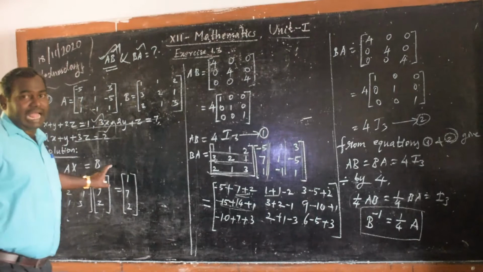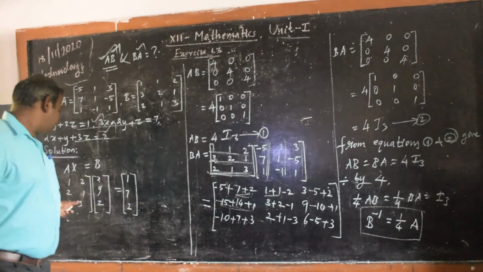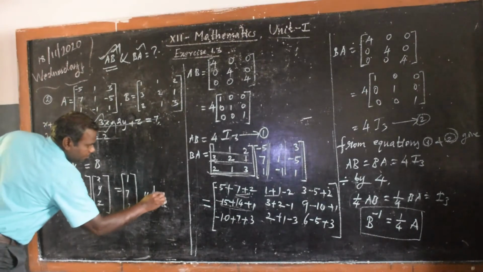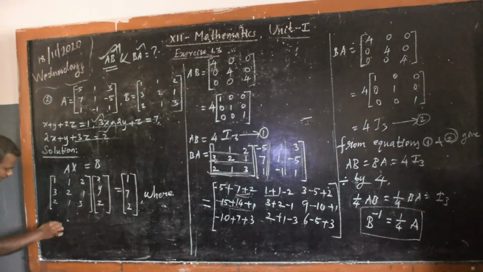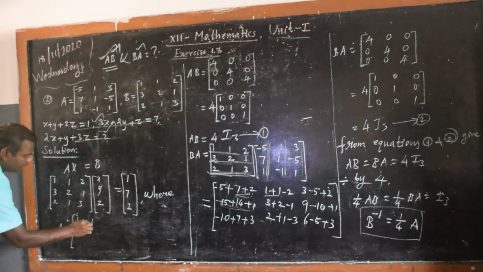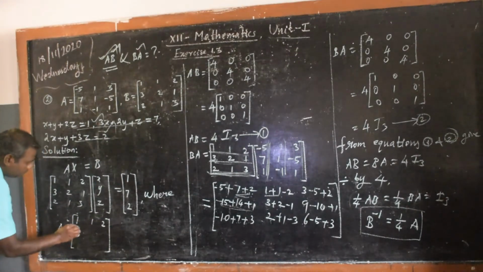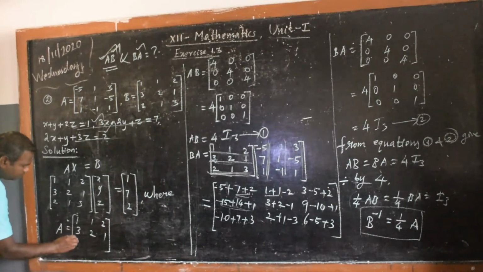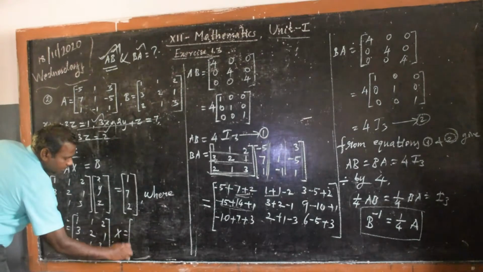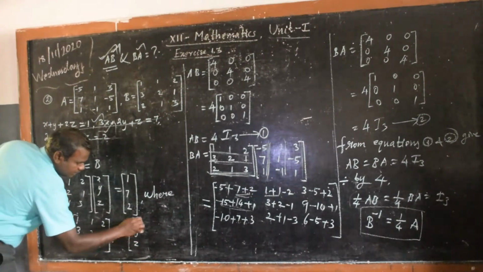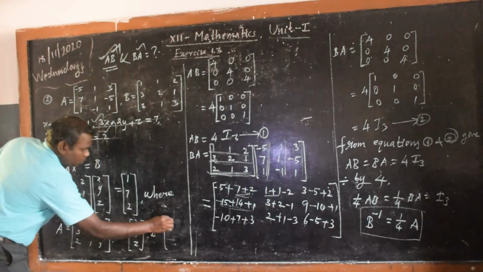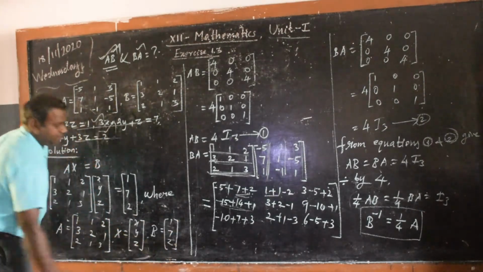AX equal to B, where capital A is the square matrix 3 by 3, [1, 1, 2; 3, 2, 1; 2, 1, 3], capital X is x, y, z and capital B equal to 1, 7, 2.